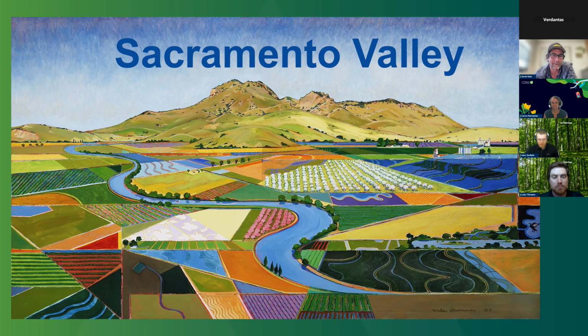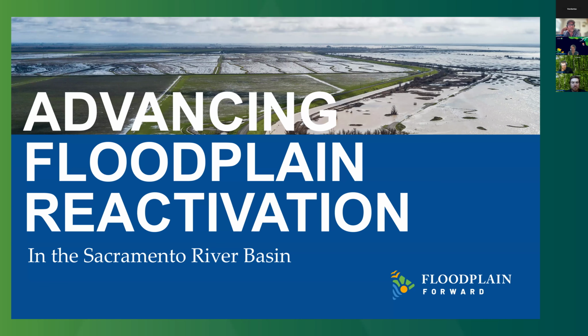So before us in the Sac Valley is this conceptually very simple, but logistically very complicated objective, which is reactivating the floodplain. Understanding that this single word, drainage, really characterizes the change since European settlement of the Sac Valley.